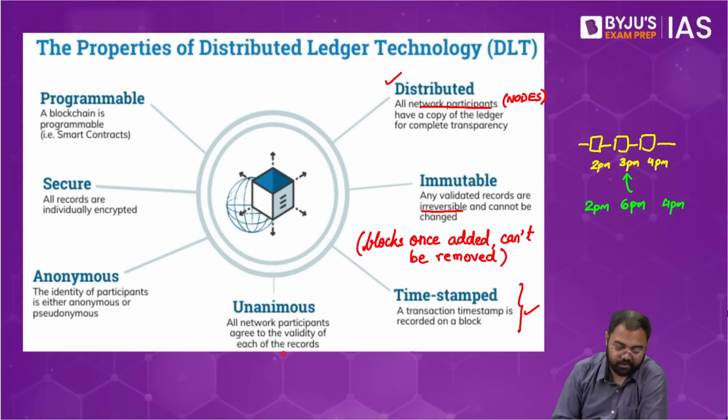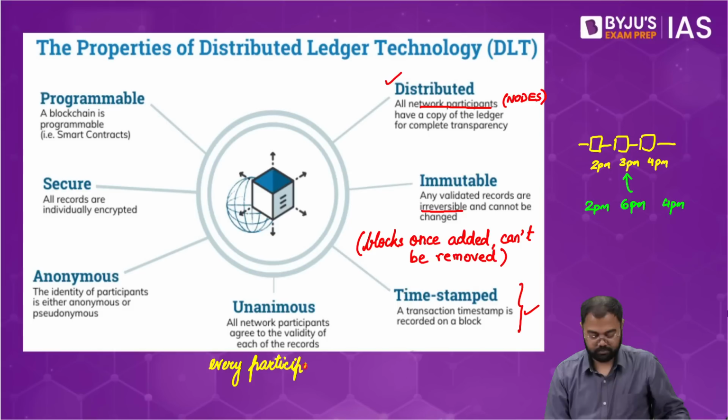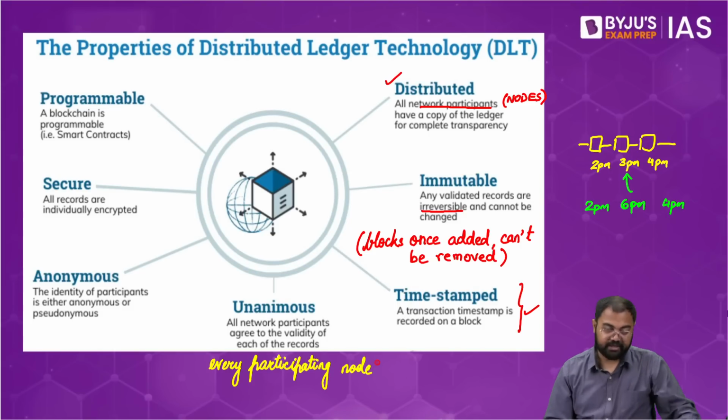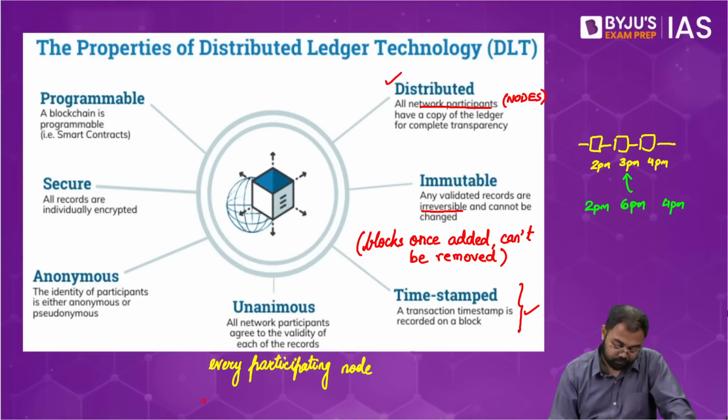So that's why it is a unanimous system. So basically what we mean is every participating node should validate the transaction.